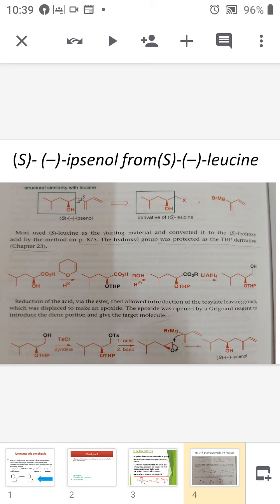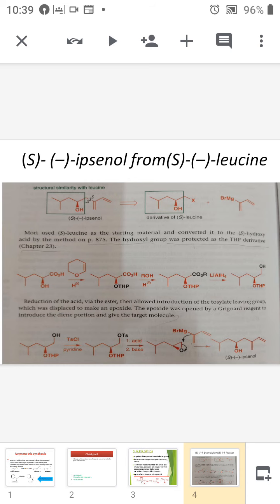Next, the other hydroxyl group is also protected using tosyl chloride, and now both hydroxyl groups are in the protected state. After that we treat with acid and base, and we get an epoxide. The epoxide is treated with a Grignard reagent, and we get the ipsenol.